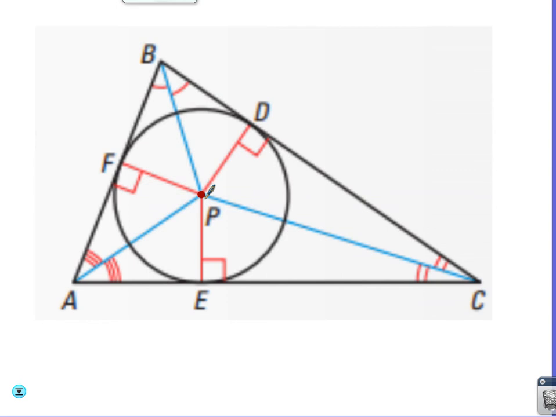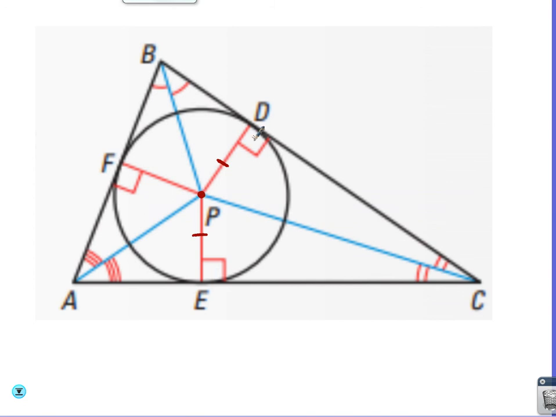An incenter is the point of concurrency of all three angle bisectors. Reminder, if a point lies on the angle bisector, it is the same distance from one side of that angle as it is from the other side. So if this is the angle bisector of angle C, then this point is the same distance from here as it is from here.